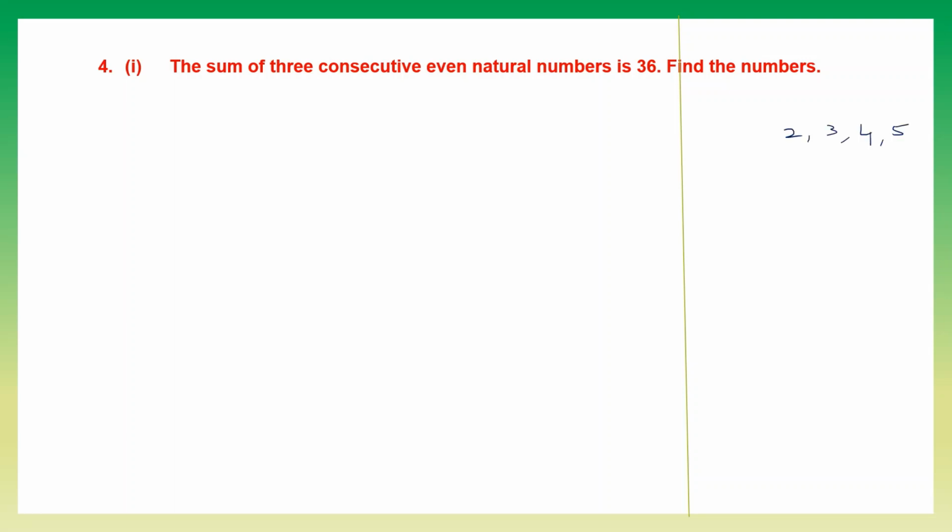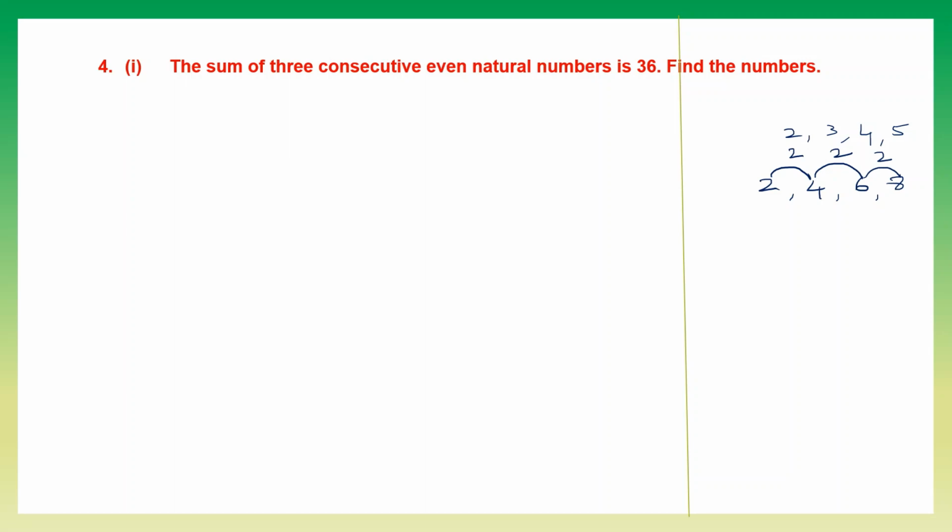All these are numbers that come one after the other. Whereas if it is even natural numbers, it will be 2, 4, 6, 8. These are consecutive even natural numbers. And as you can see, the difference between them is 2. Okay, difference between 4 and 2 is 2, 6 and 4 is 2, and here also it is 2.